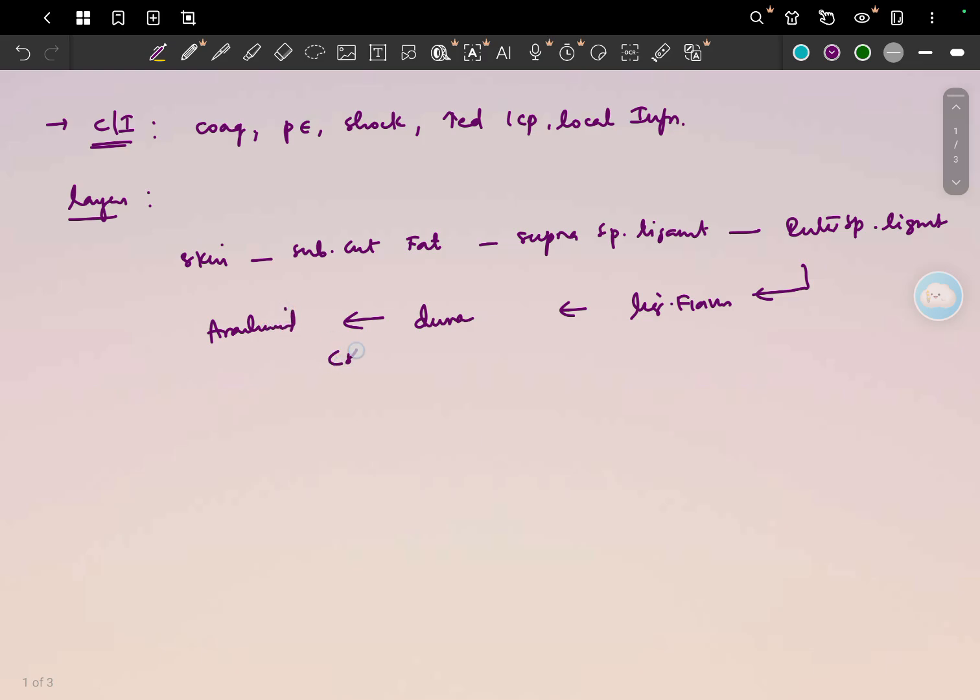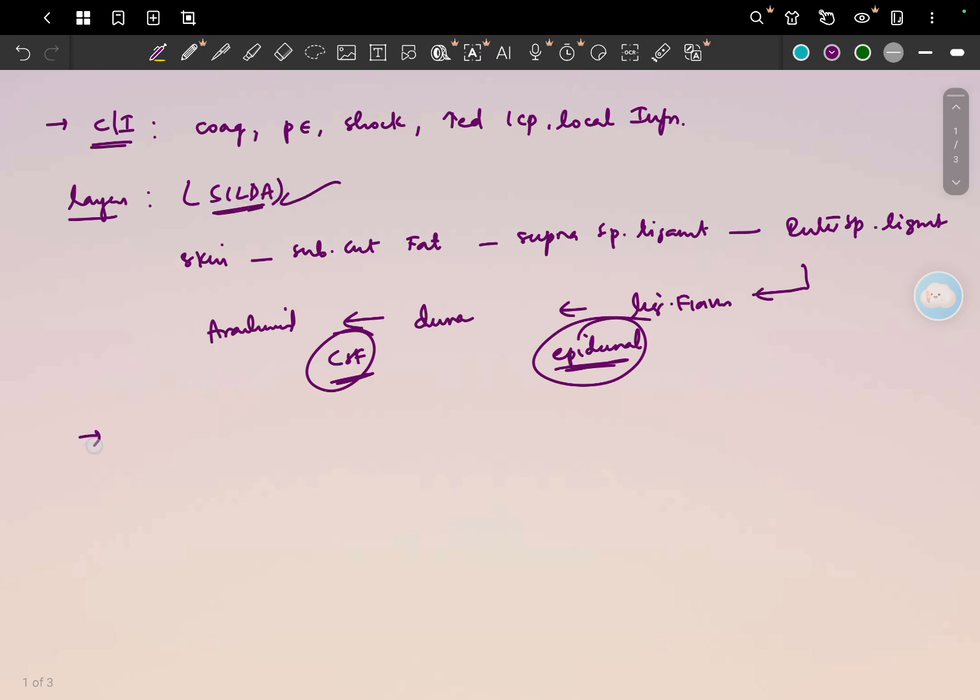For CSF, we'll go till this part, but for epidural anesthesia, we'll stop here itself. So this is one important point you have to remember. You can remember it like this, SILDA. This is how you can remember it.